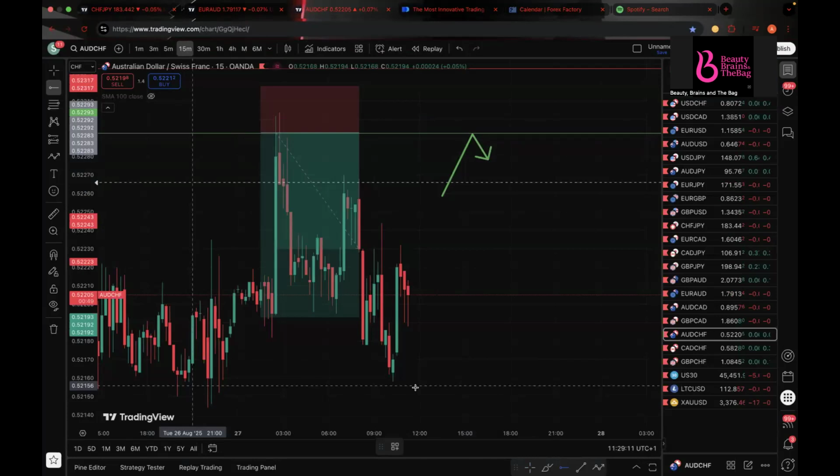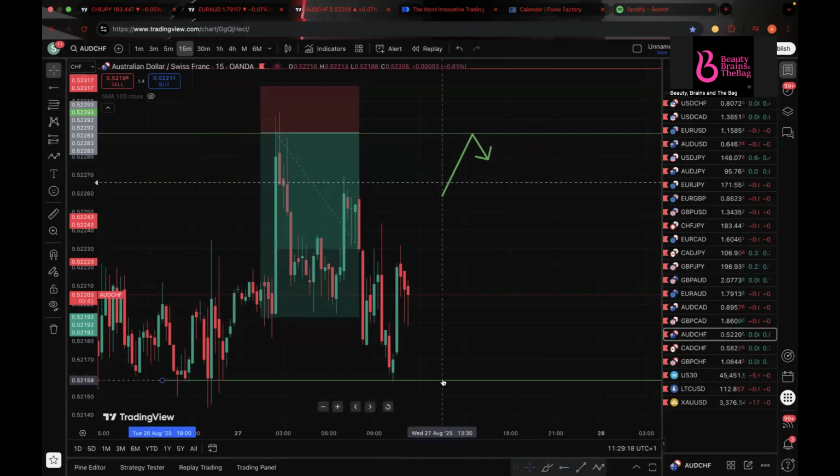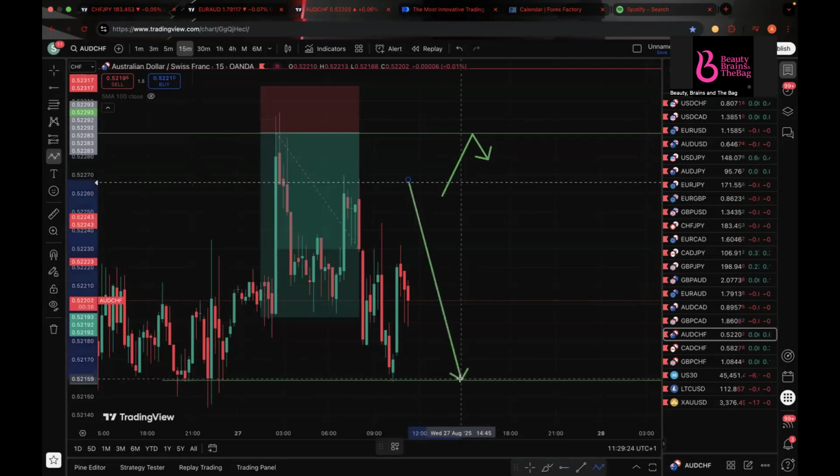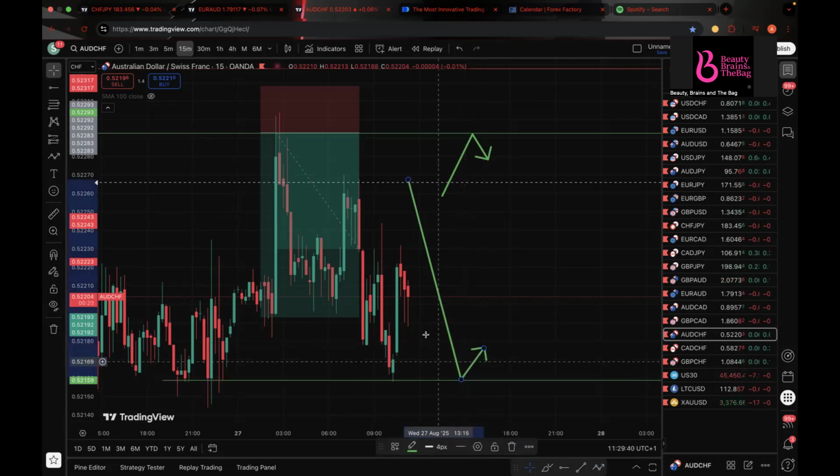The moment the market gets to this particular point, if I click on buy, I am going to be entering the trade at this point on Pocket Options. So if the market goes up from here and clears on TradingView, I'm going to be clearing exactly the same trade on Pocket Options.